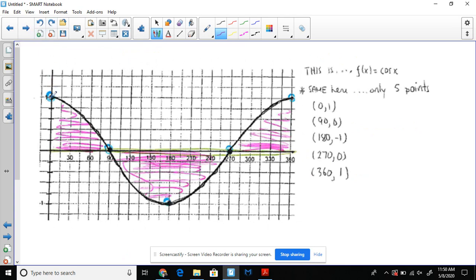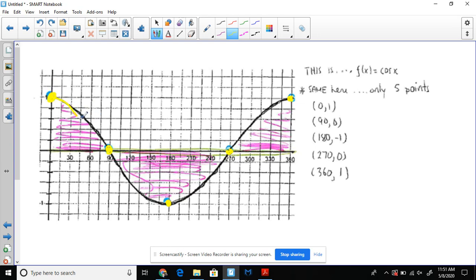So now, same reminder with cosine. When I look at cosine, the key points are every 90. So at 0, I'm at 1, and then at 90, I'm at 0, 180, -1, 270, 0, 360, and 1.